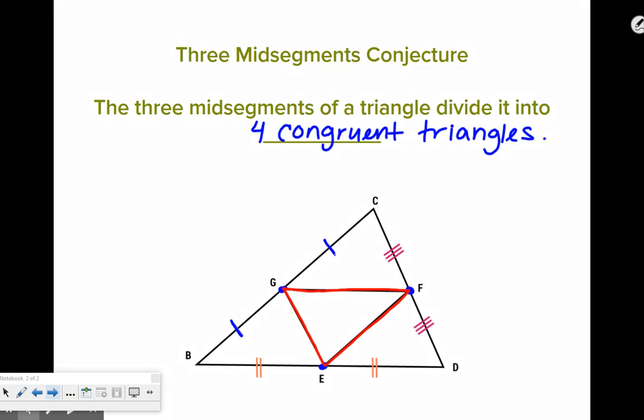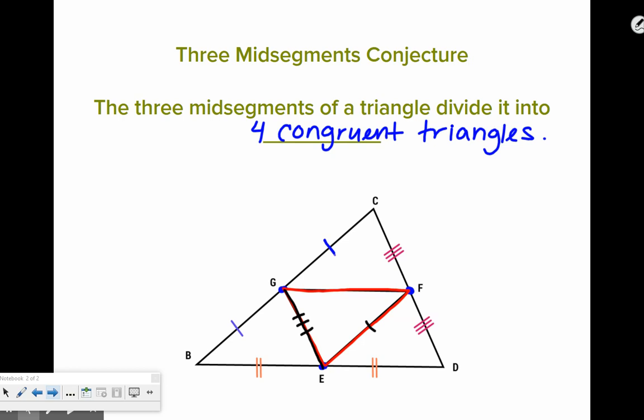If you notice my congruent markings, let's start on the triangle in the lower left. We have a congruent marking of 1 and a congruent marking of 2 here, so this midsegment would have to be 3. Then on the lower right, we have 2 congruent markings and 3 congruent markings, so this one would have to be a congruent marking of 1.